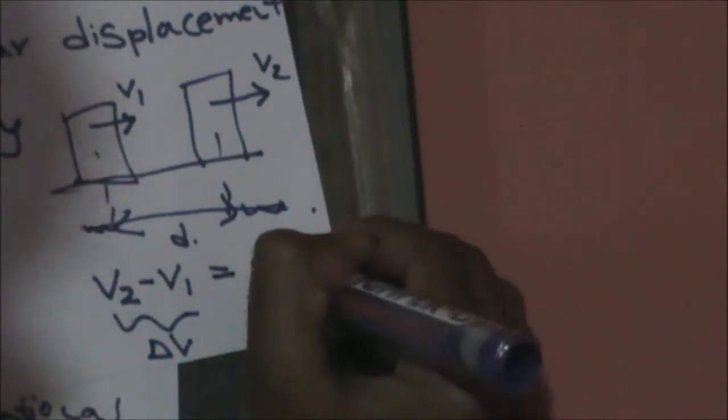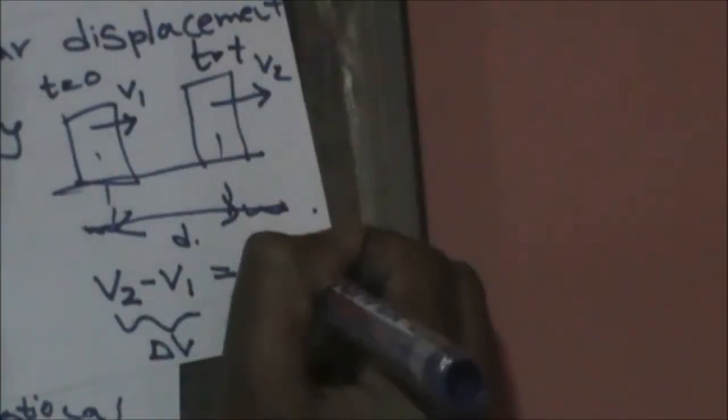We don't need that, but delta V should equal D by T, where this is T equals 0 and this is T equals T.